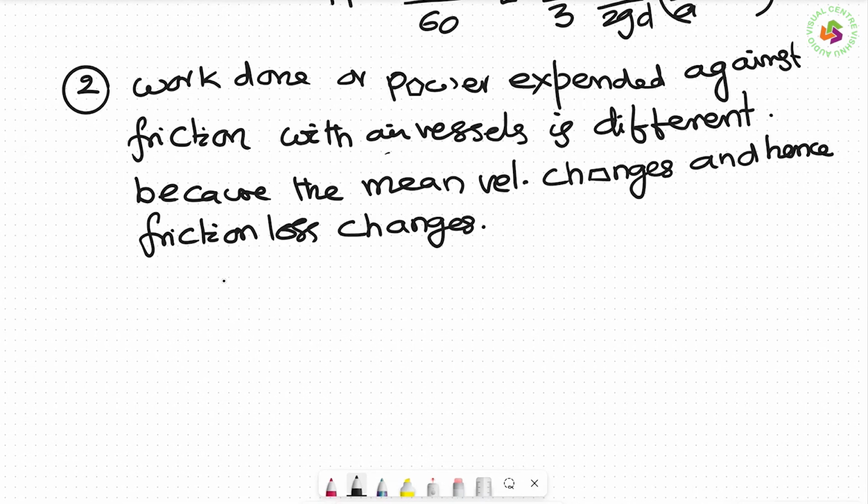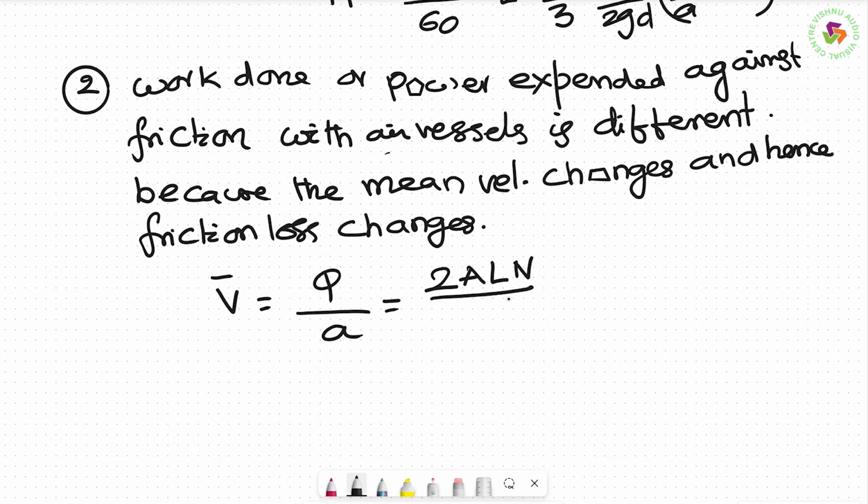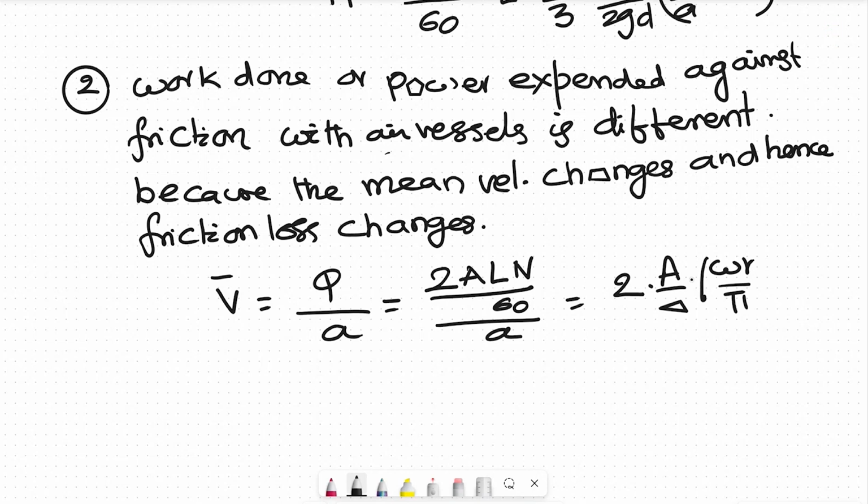So here what will happen? The mean velocity is equal to Q by area of the pipe. So that is equal to 2ALN by 60 divided by small a. So it will be 2 into A by a into omega R by pi.